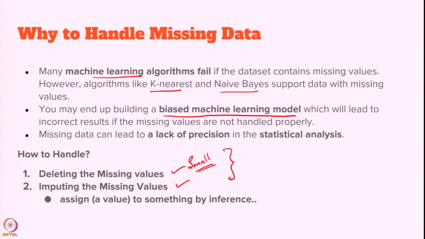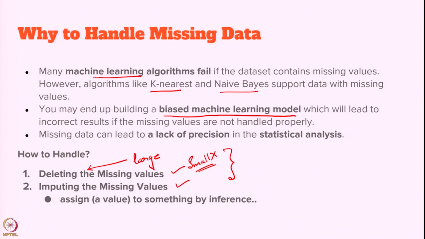So there are two cases. If the data set is extremely large and missing values are very few, then we can delete the data. If it is small, we cannot do that. Now imputing is the other way around. If it is too small, then we can impute. If it is too large also, we can impute if the imputing techniques make sense for that given data. So what are the various ways in which we can do the imputing? Deleting, we know from the data cleaning phase, where we delete the data which is not required.